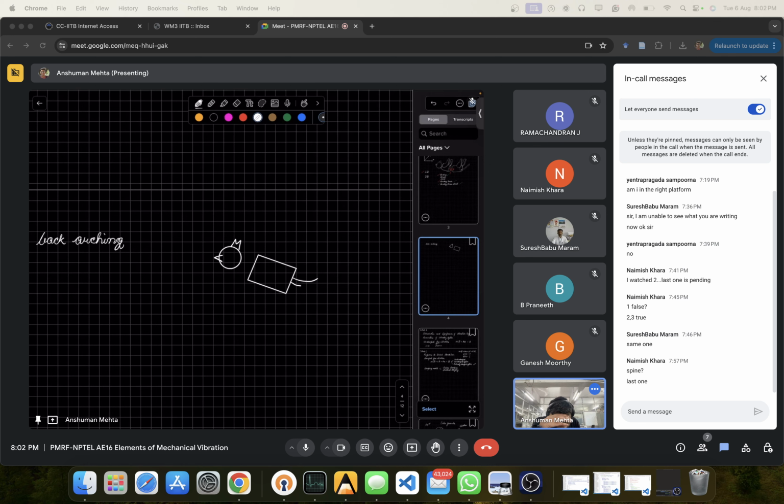So here I have used bending element, a beam. And here is tail and the legs.